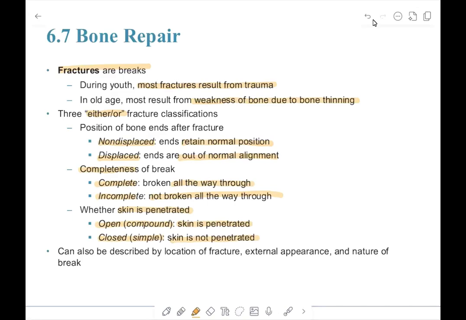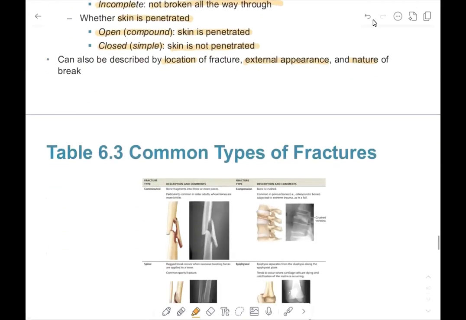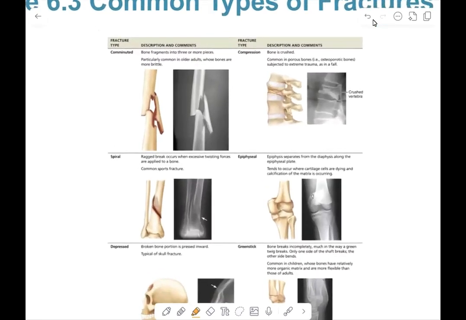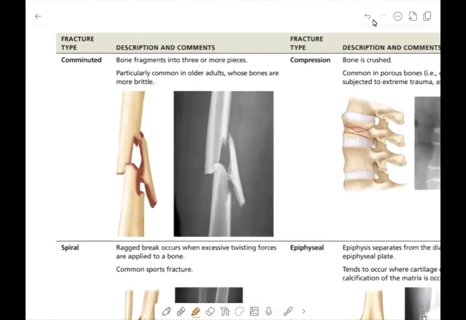And then we can also describe fractures based on the location, the external appearance, and the nature of the break, which we'll see next. So these are the various fractures that you need to know. There's many, many others, but these are the only real important ones. So we're going to go over these 6 here.